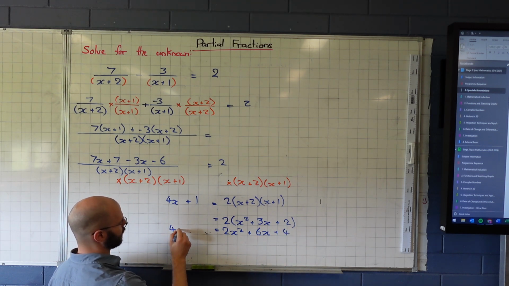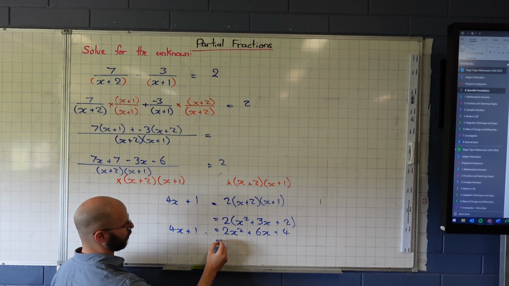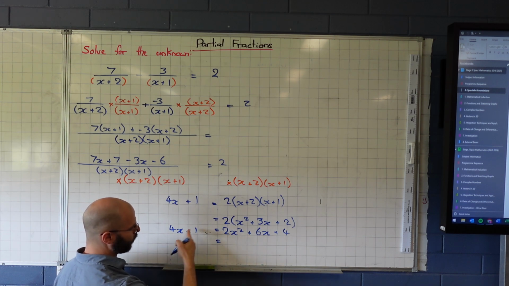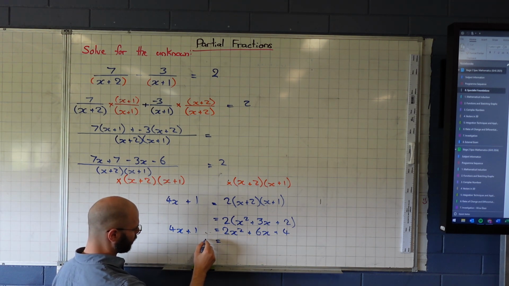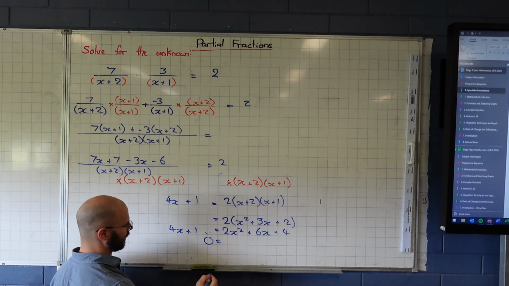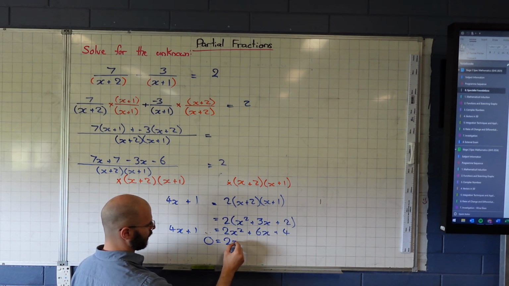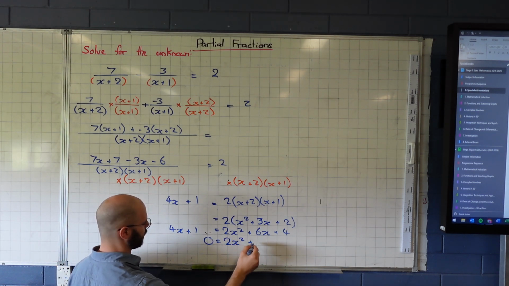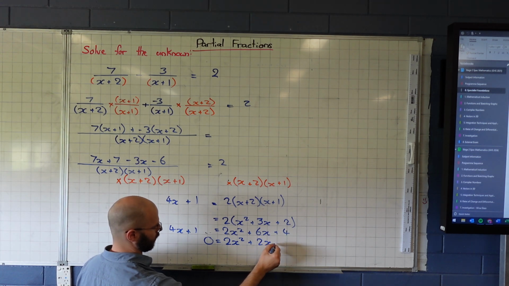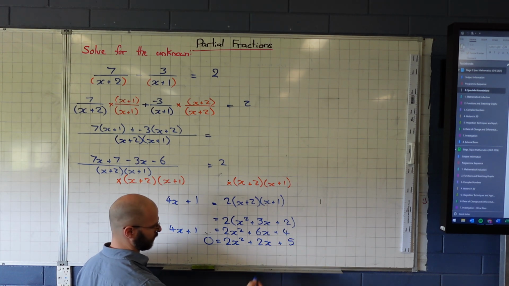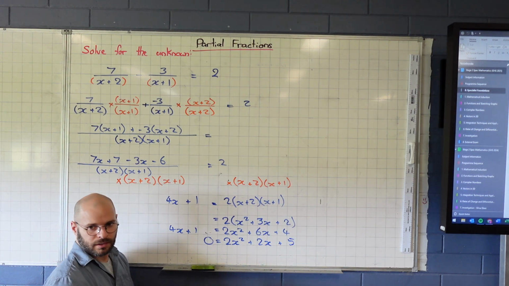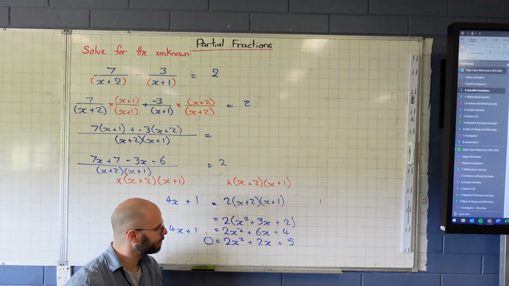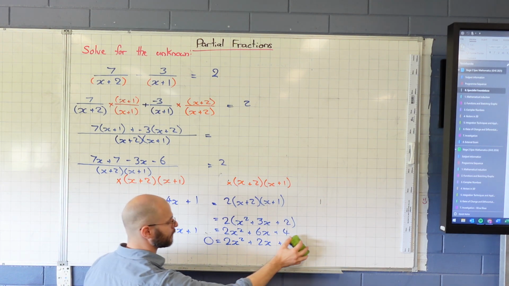It's still 4x plus 1 here. Working our way down, make one side equal to 0. So we can just say 0 equals 2x squared plus 2x plus 5. Right. Is that right? 3 plus 3, wouldn't it? Mm-hmm. Just checking.